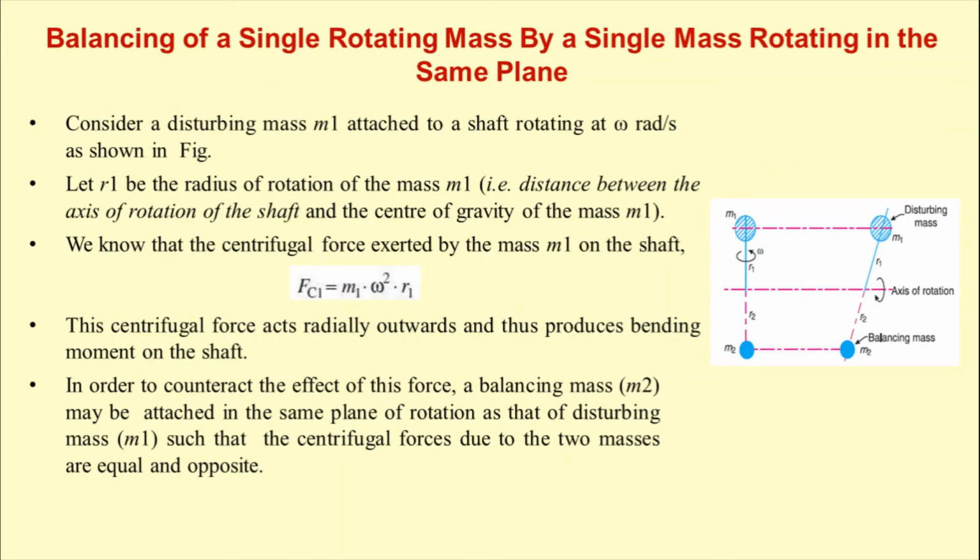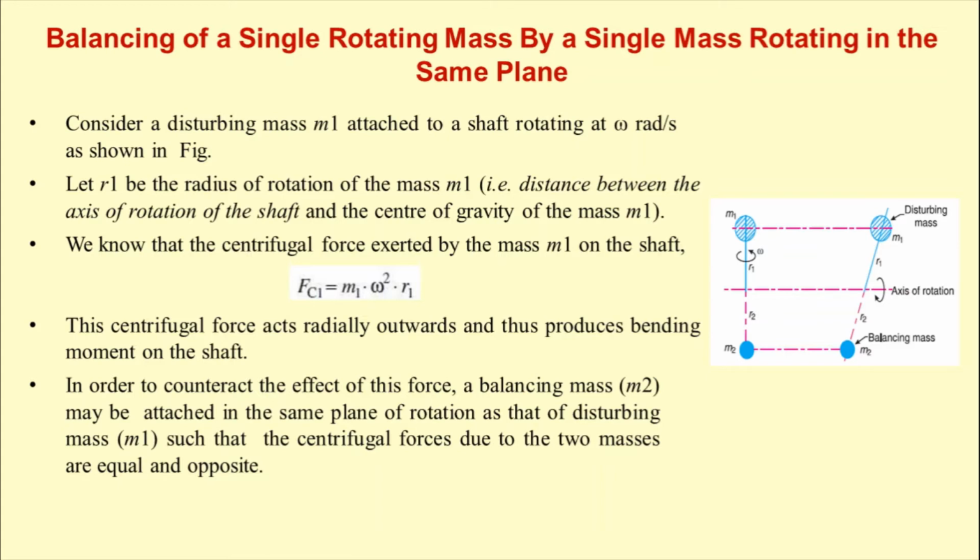For example, balancing of a single rotating mass by a single mass rotating in the same plane. Just look at the figure on the right hand side. Here consider a disturbing mass m1 attached on the shaft, rotating at omega radian per second as shown in the figure.